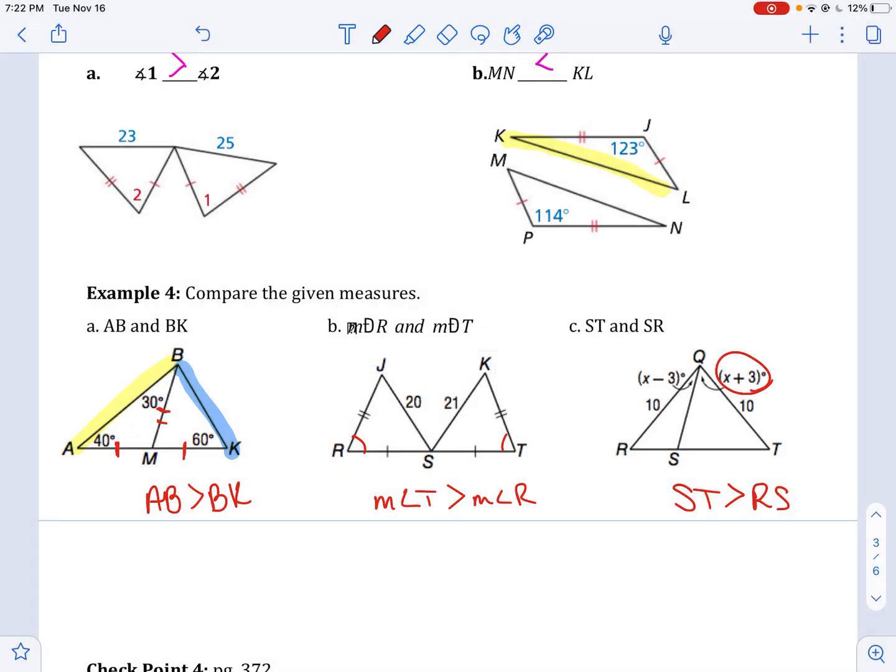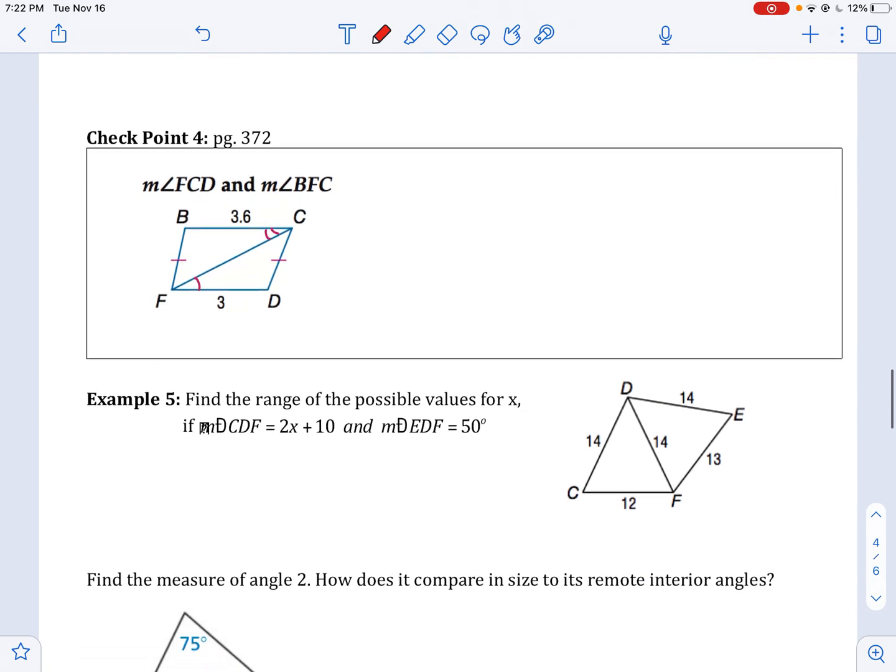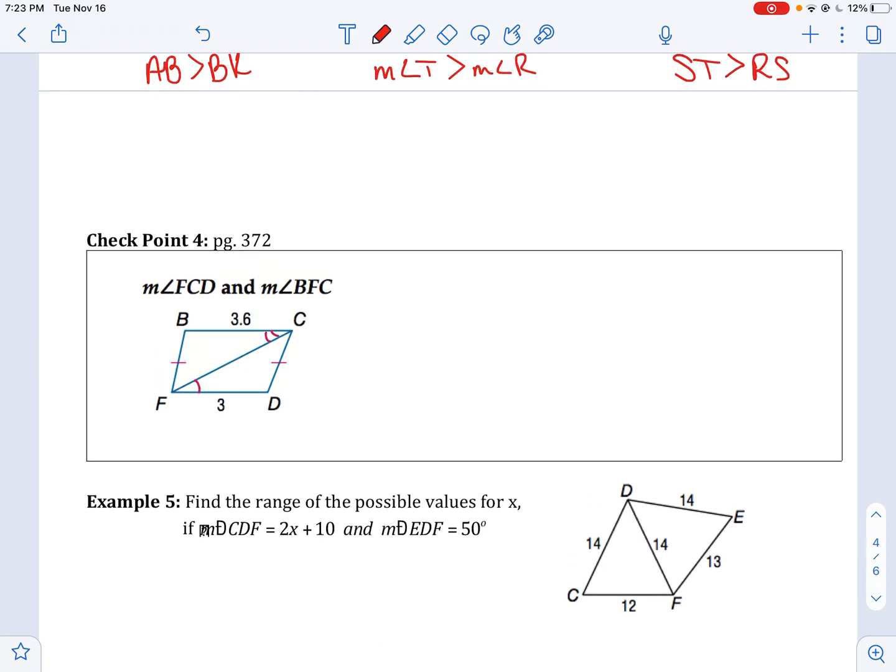So there's our Hinge theorem. And one more question for us, or I guess two more. For my Hinge theorem, I need two pairs of sides. There's one pair of sides. My second pair of sides is right there.